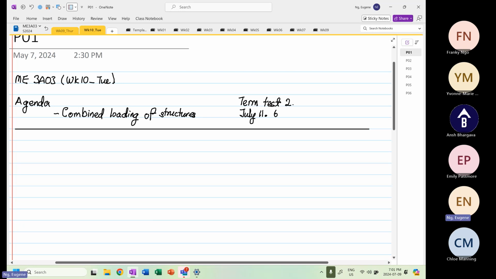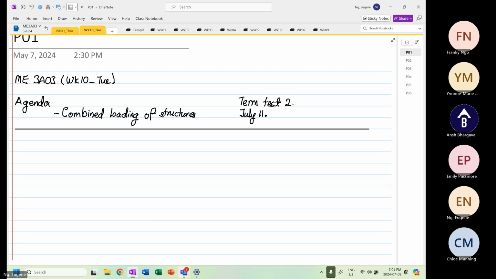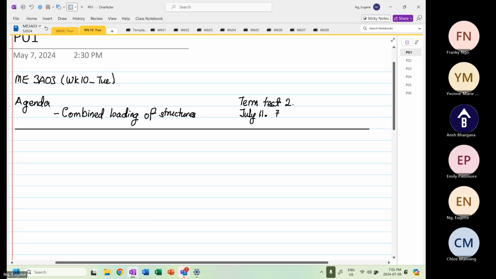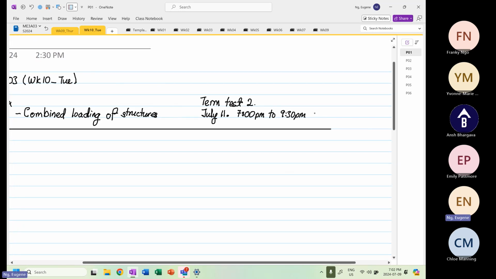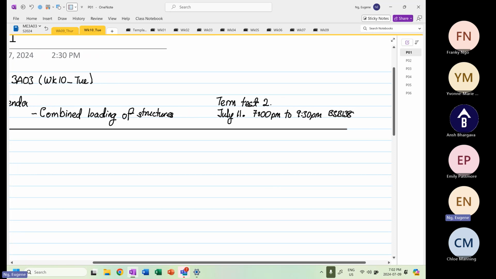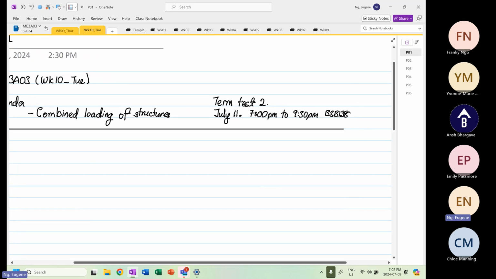It will start at 7 p.m. and run until 9:30 p.m. The location is Bird Science Building, room 138. Just a quick reminder, the test is in person.